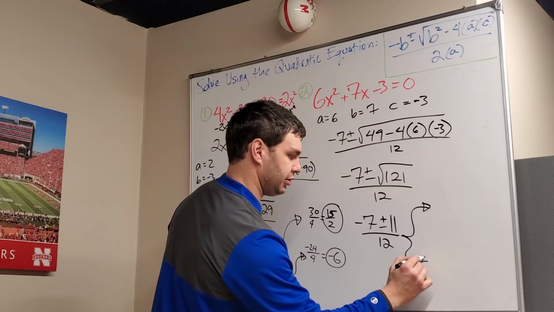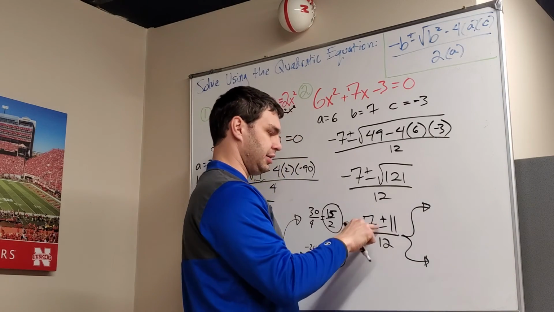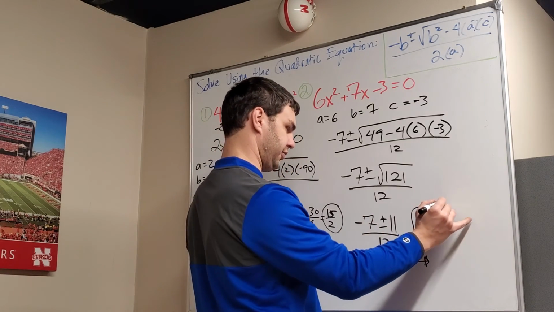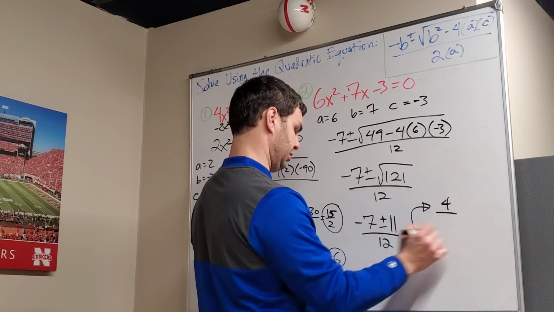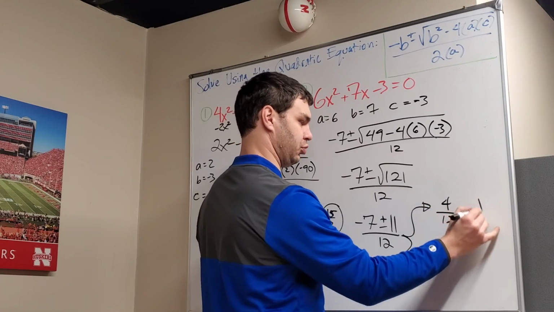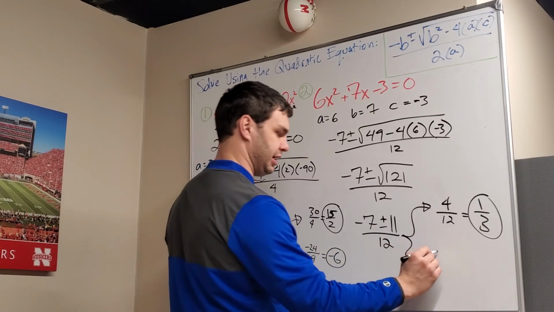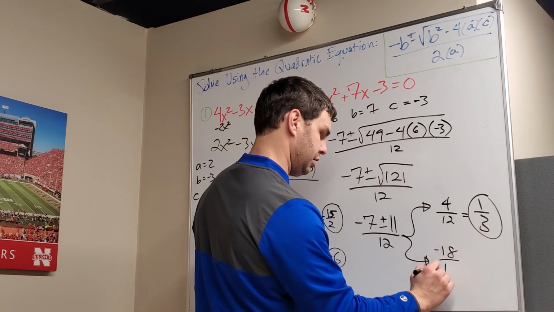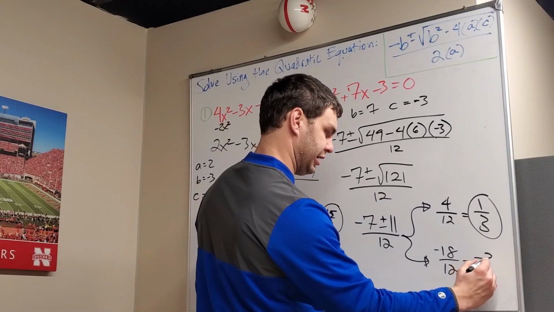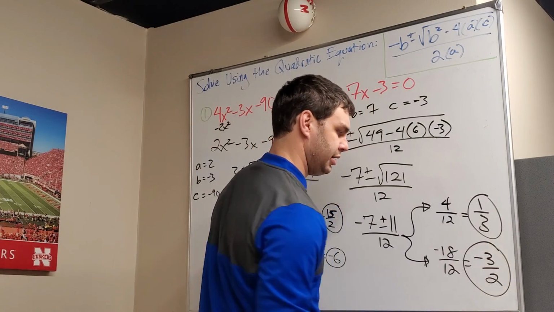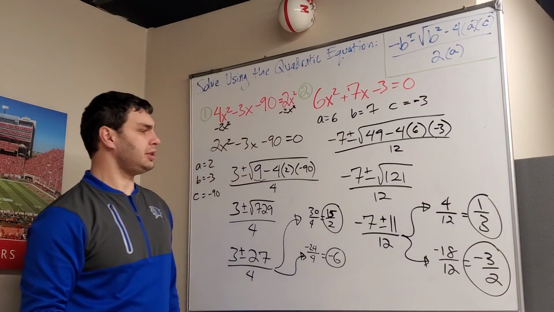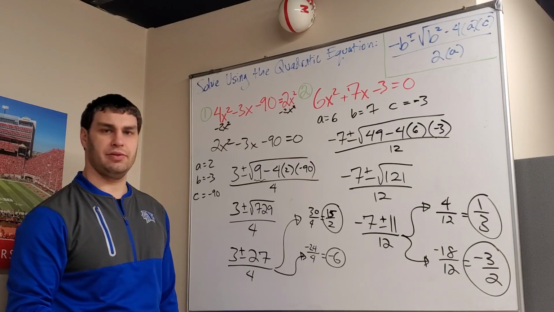We'll do both arrows this time. Negative 7 plus 11 is 4 divided by 12, which is 1/3. And negative 7 minus 11 is negative 18 over 12, which is negative 3 halves. All right, so two answers on this one are 1/3 and negative 3 halves.